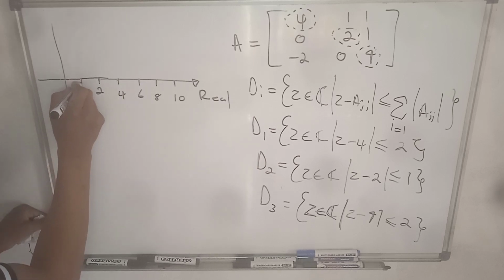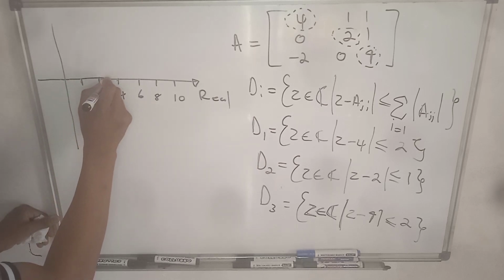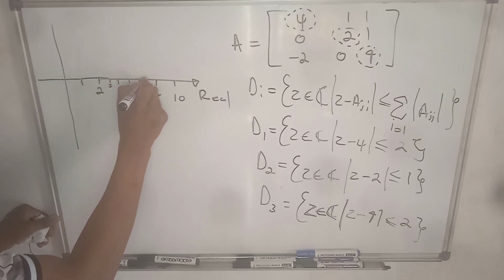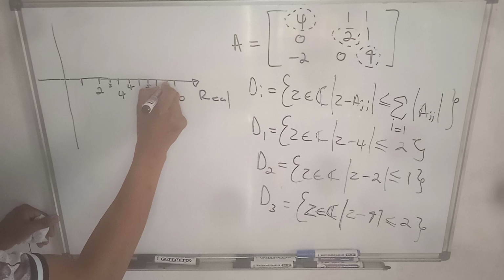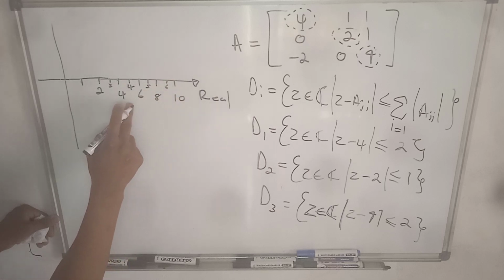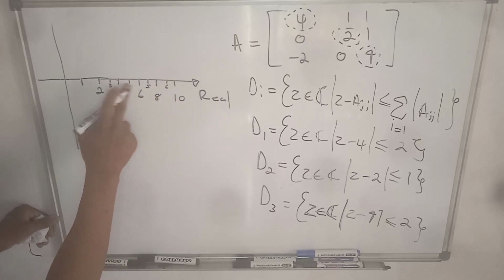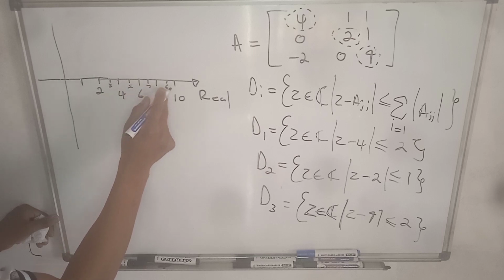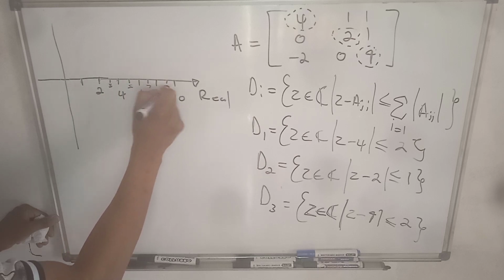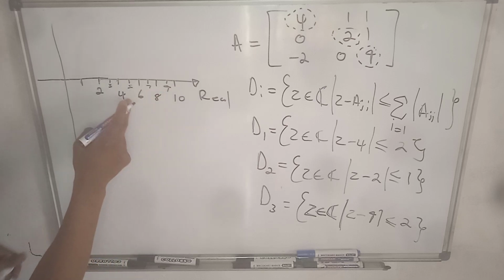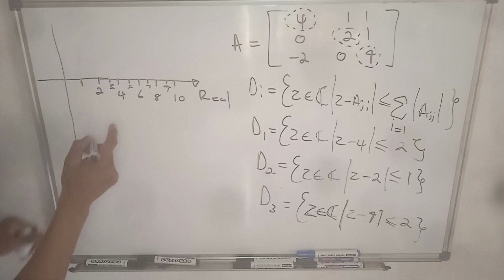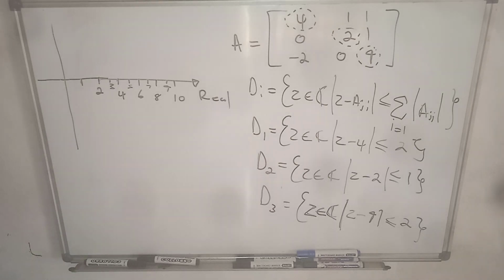Somewhere here is going to be 3, 4, 5, 6, 7, 9. So we're going to have something like this.